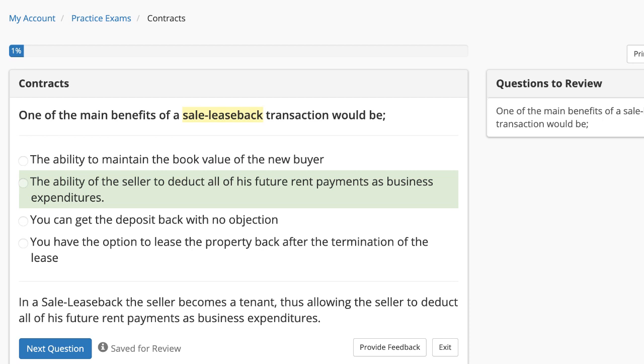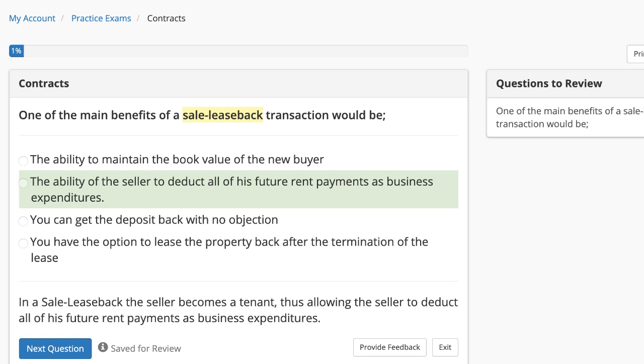Nice job, Lisa Reyes. It's when the vendor becomes the lessee. So basically, you're selling the property, and the property you sold, you become a tenant of the new owner. Does everybody get that? So you stay there. You just become a tenant of the new owner.